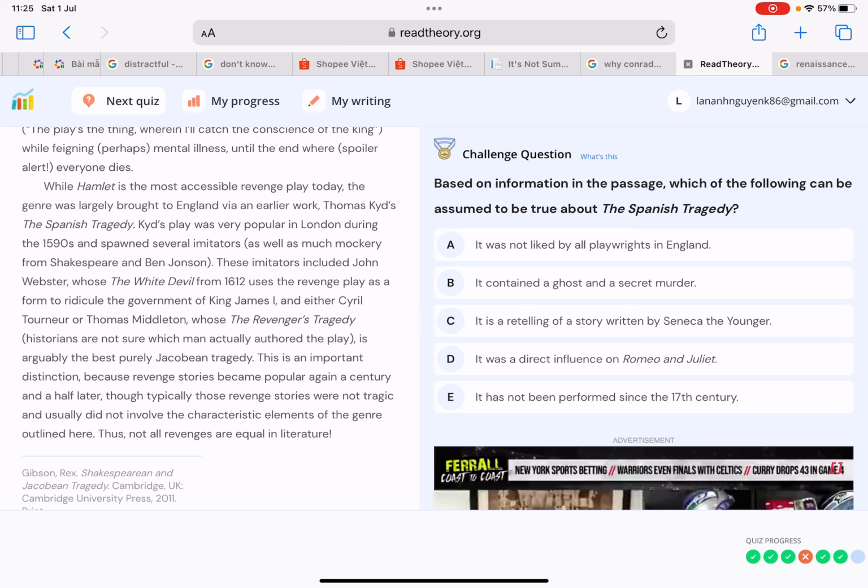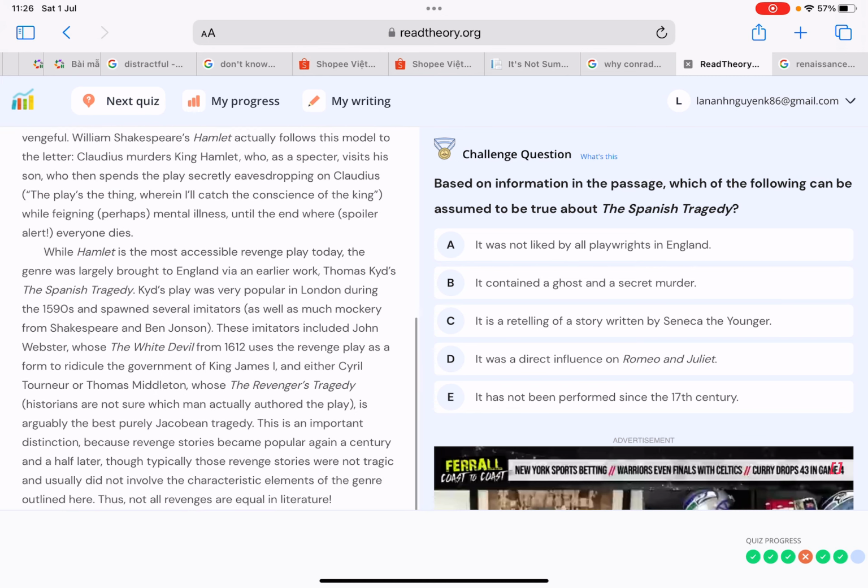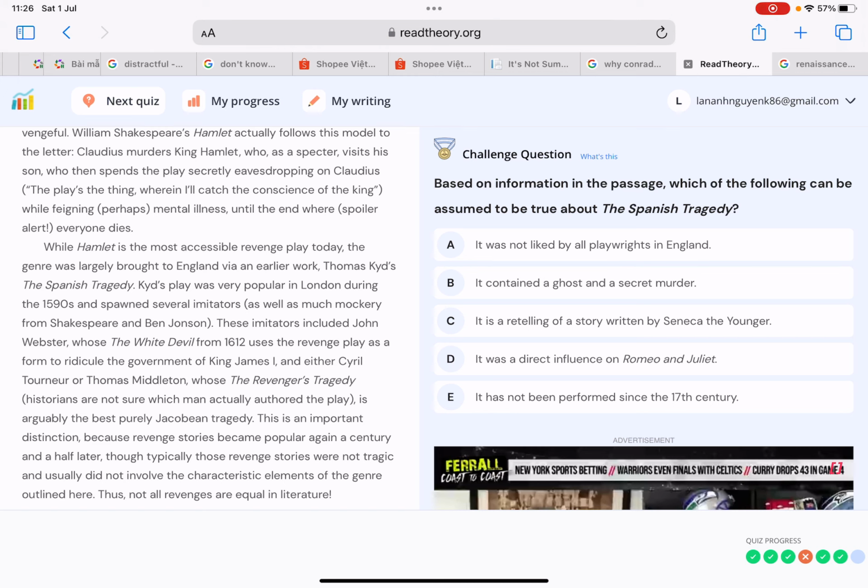These imitators included John Webster. It is not likely to... It was not liked by all playwrights in England. It does not contain that.